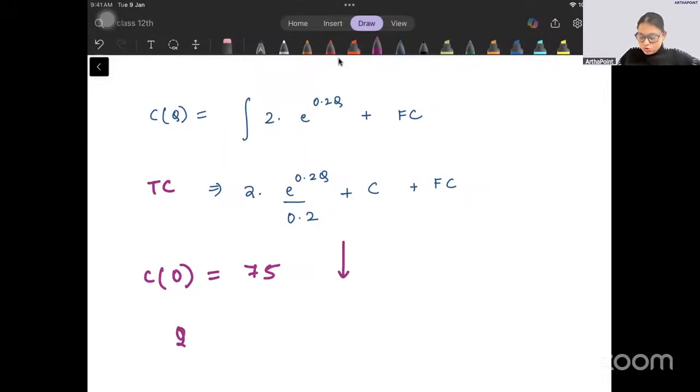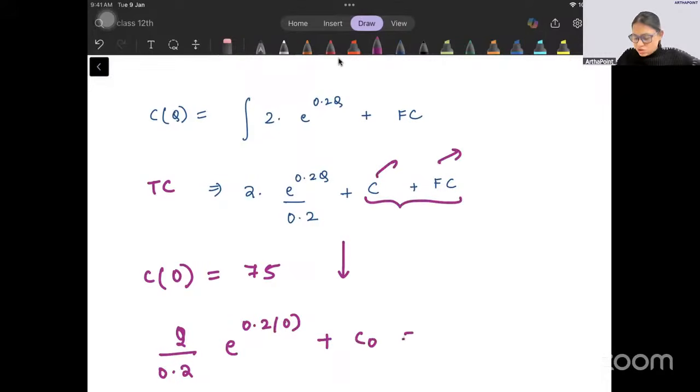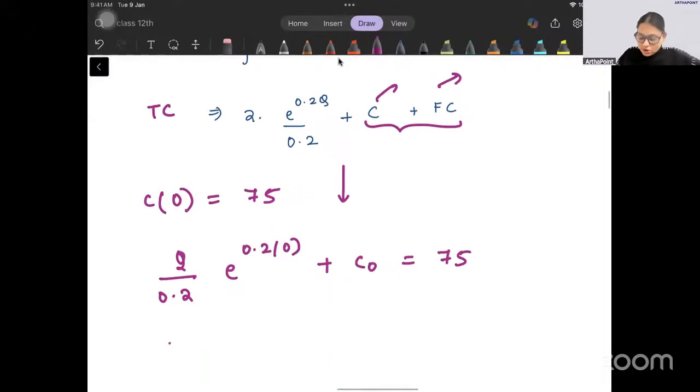So 2 upon 0.2 e to the power 0.2 into 0 plus some number. ये भी constant है, ये भी constant है. So total constant. This should give me 75. Right? So I will go ahead and I will get 10 e to the power 0 plus c naught is 75.